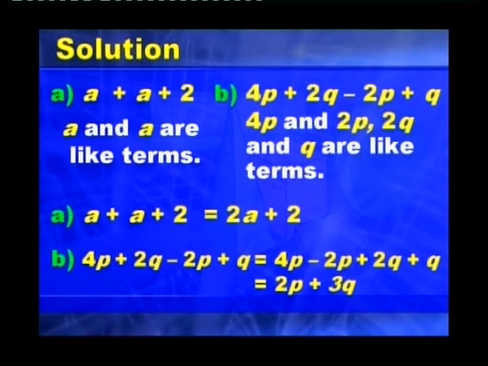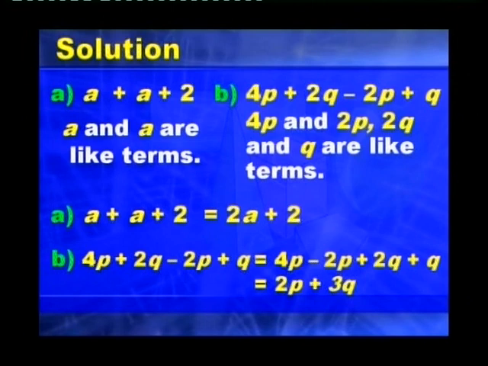So let us look at the solution. 4P plus 2Q minus 2P plus Q is equal to 4P minus 2P, which is equal to what? 2P. My question is, 4P minus 2P, what is the answer? It is 2P.